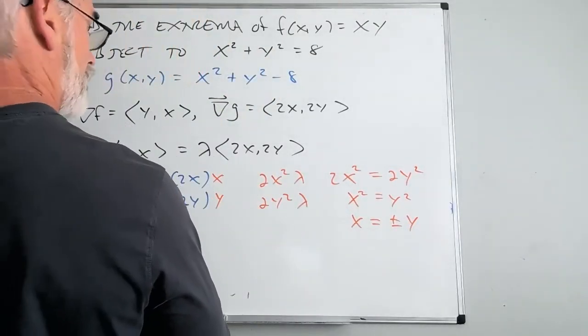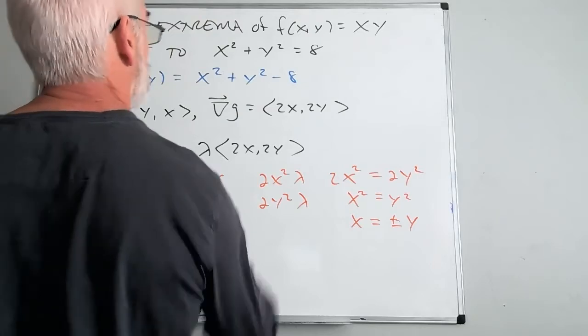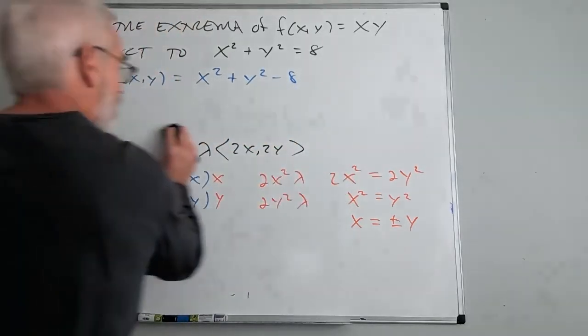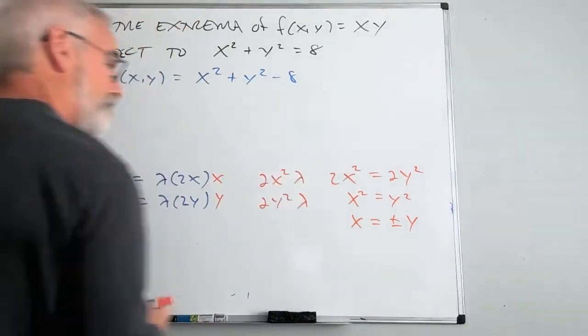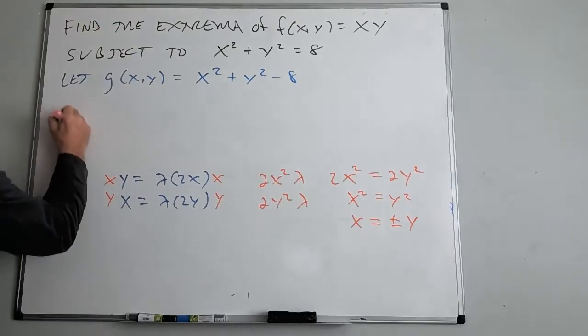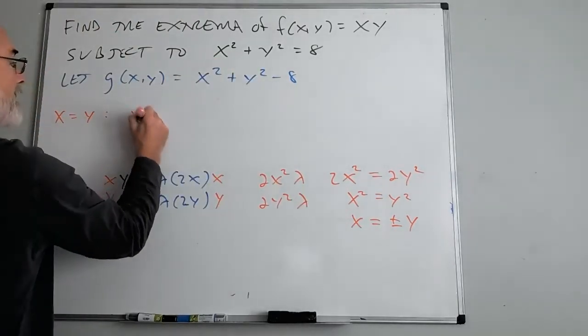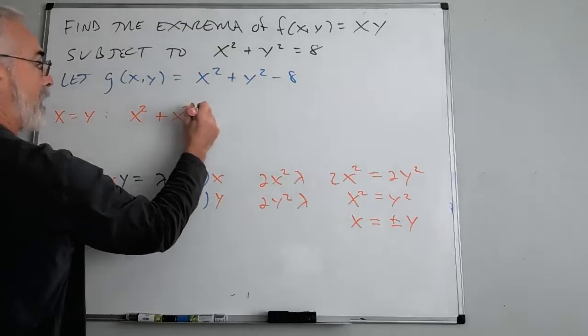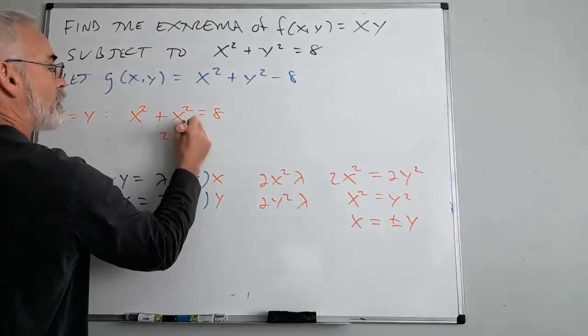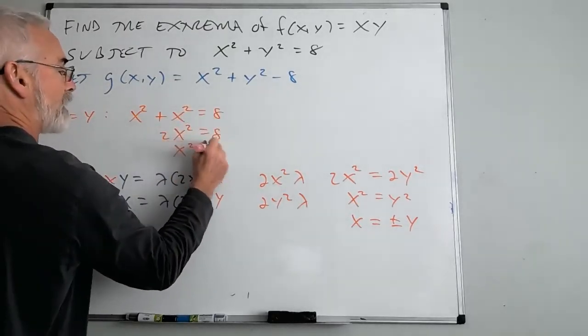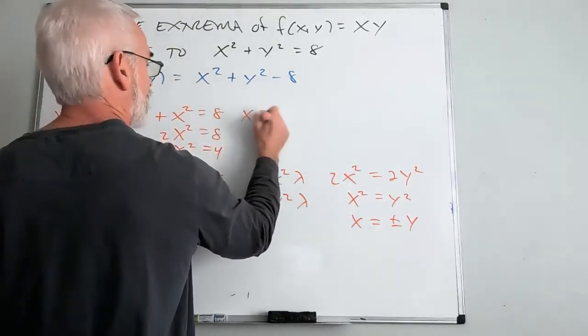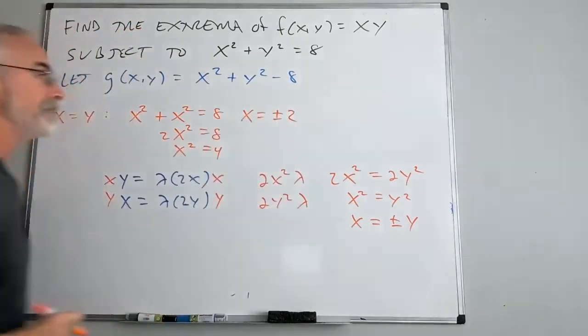So if x equals y, then what do I have? I've got x² + x² = 8. So 2x² is 8. So x² is 4. So x is plus or minus 2.